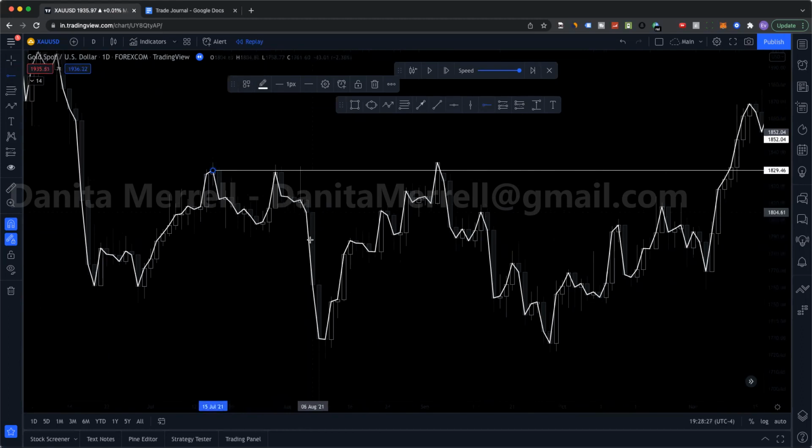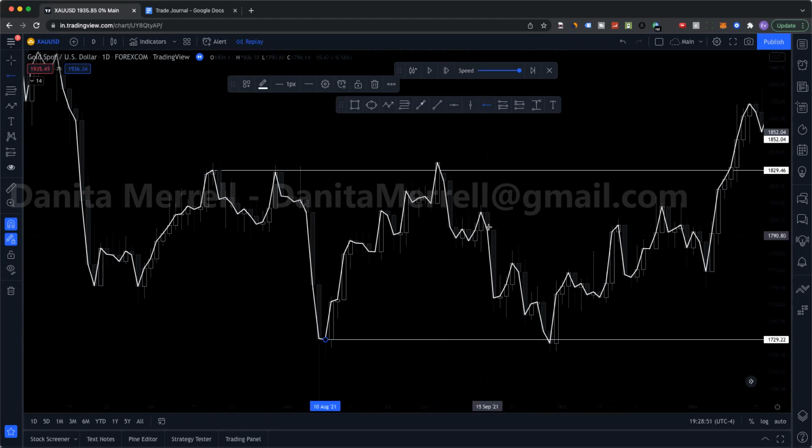Price came back, pushed all the way down, pushed all the way back up. Refine this level, H4, get your entry. Price didn't respect this QM, which we would have found out on a lower time frame.